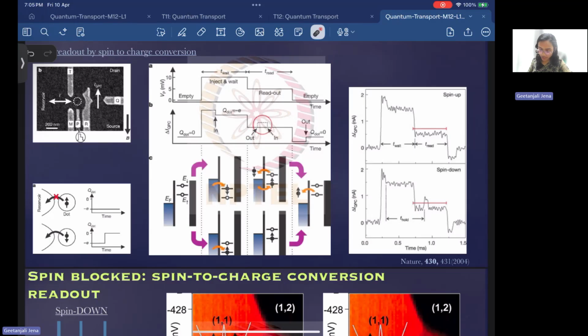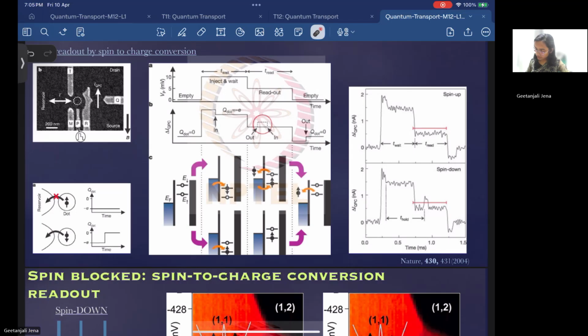So this is for the case where we consider that it was in the spin up state. Now, the second case is where it was in the spin down state, and we apply a voltage such that this state is below the Fermi level. It's not above the Fermi level. So that means for this case, there won't be any electron tunneling out of this quantum dot.